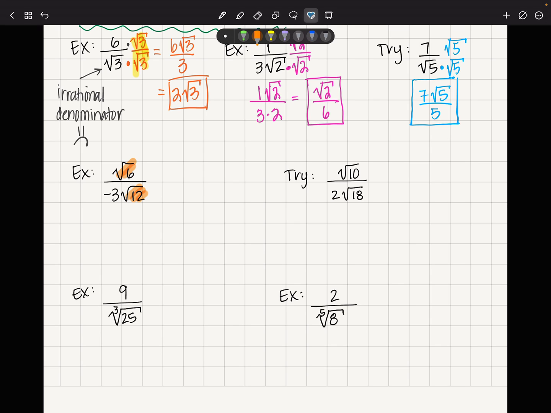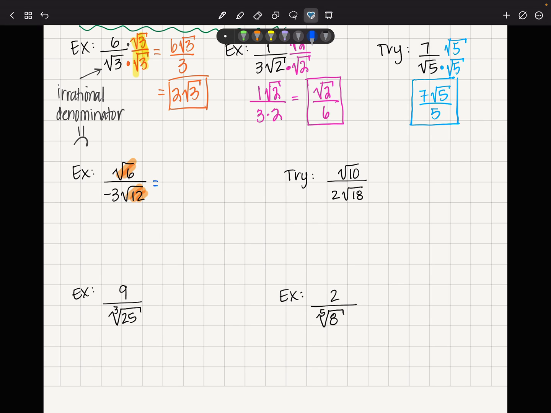Another thing is that we could just look at the square root of 12 and break it down. But because 6 and 12 are both under a radical with the same index, we can reduce the numerator and the denominator.